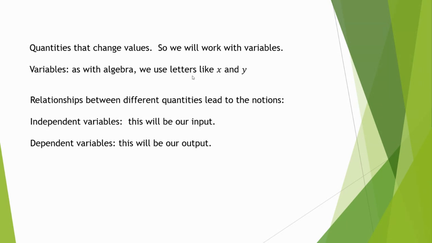It might be sound, it might be a picture, something that gets printed. X, the independent variable, will be our input, what goes into the function or machine. What comes out of the function is the output, the dependent variable.